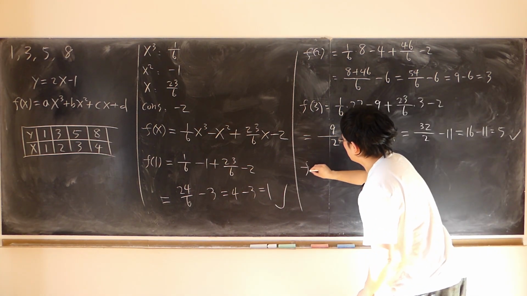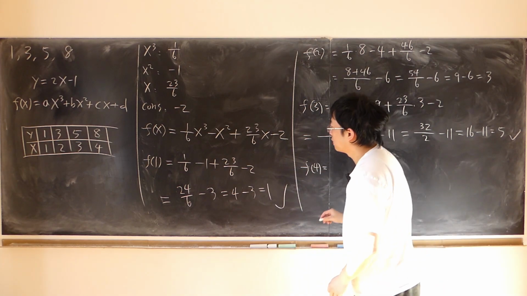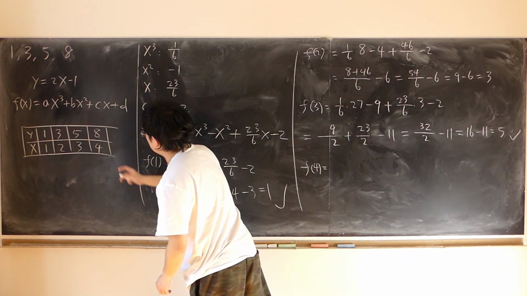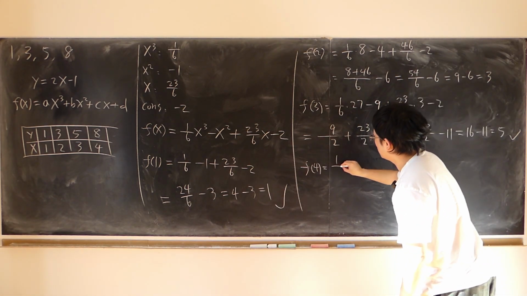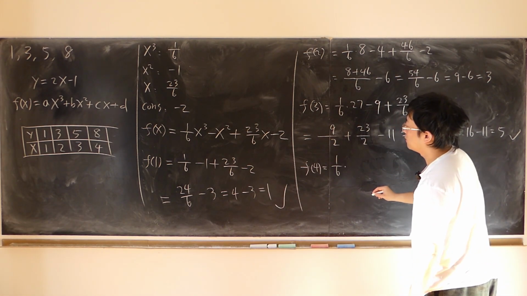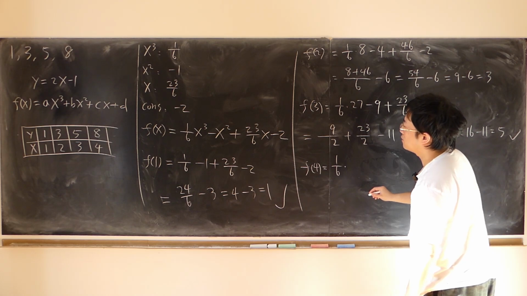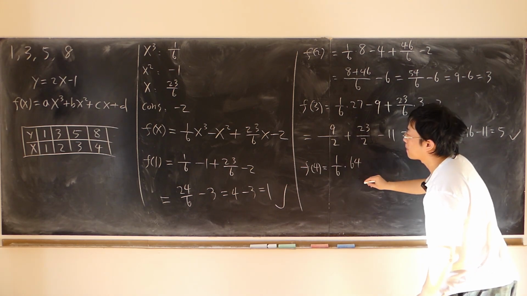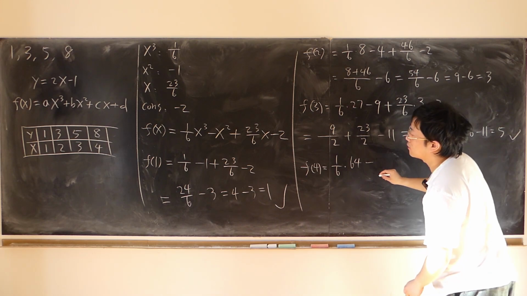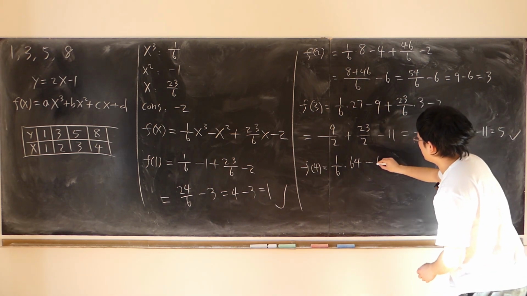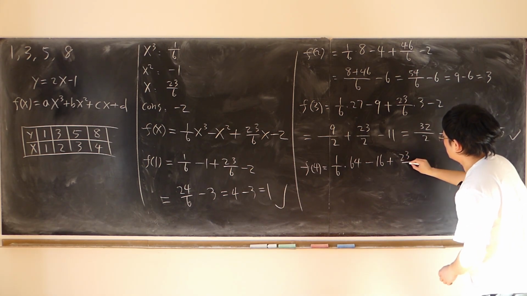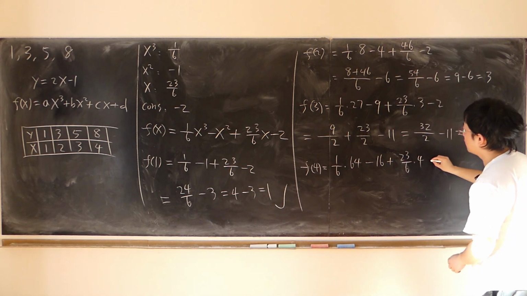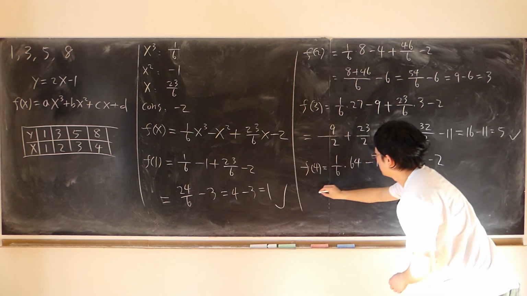What is f of 4? Is it really equal to 8? So 1 over 6 times 4 cubed, that is 64. Minus 4 squared, that is minus 16, plus 23 over 6 times 4, then minus 2.